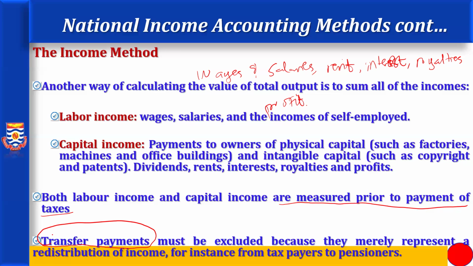Let me explain that. So for instance, you are a worker. You receive wages and salaries at the end of the month, right? Then you have a child who is in senior high school. So you remit some of the money to your child. When you give your child money, it's not like you bought goods or services from him.